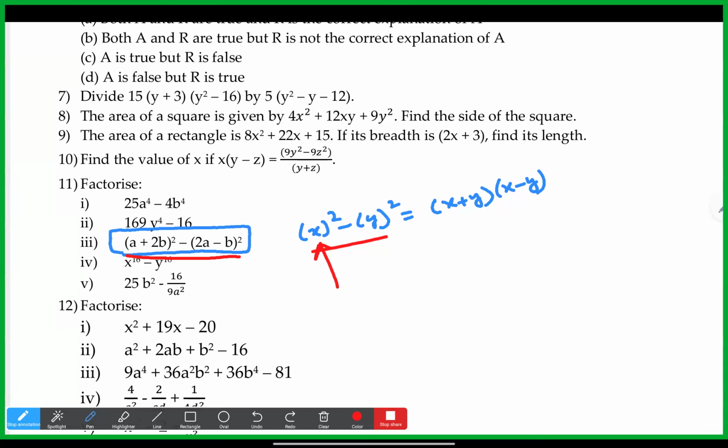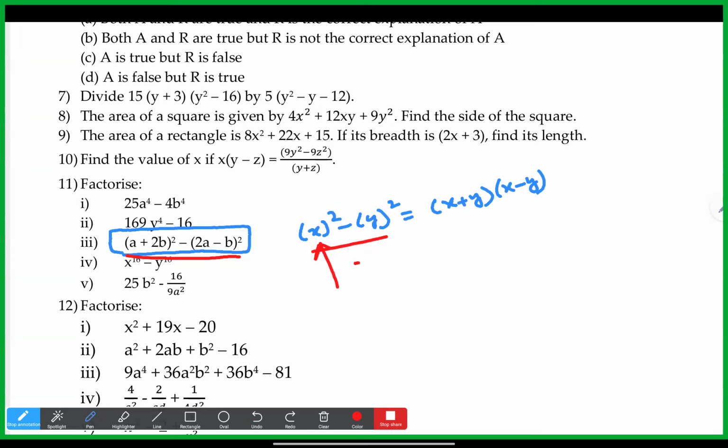So a plus 2b is x, and y is 2a minus b. I didn't use a square minus b square because a and b are already there in this question. That's why I used x square minus y square. Okay, Maisha?